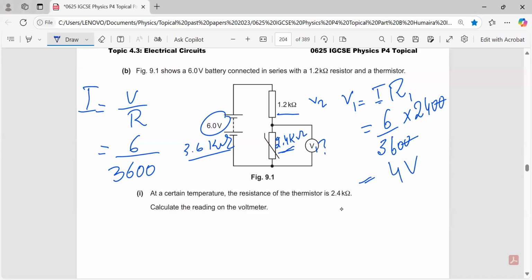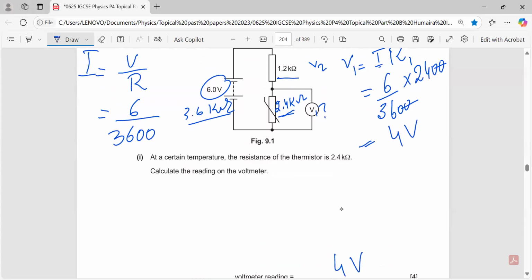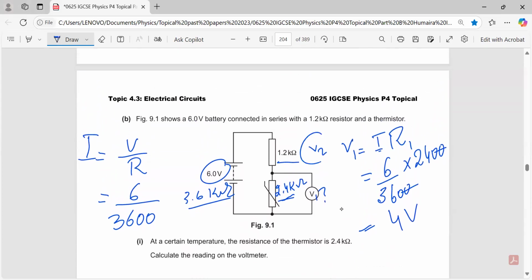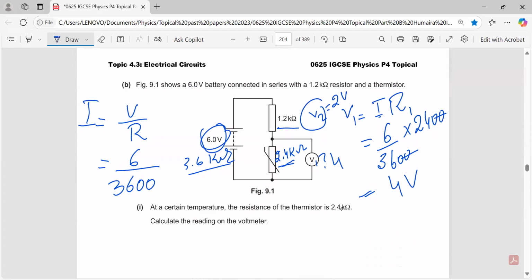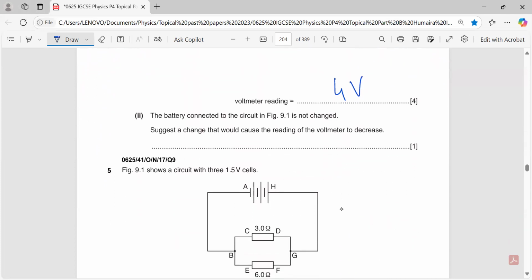It's equals to 4 volts. Okay, here it will be 4 volts. Let's suppose if they ask you to calculate V2, V1, now you have 4 volts across this, so it must be 2 volts. You can just take the difference between these two values, like 6 minus 4 will give you 2, because the sum of these two will be equals to each other as it is a series circuit. So 4 volts is the answer.